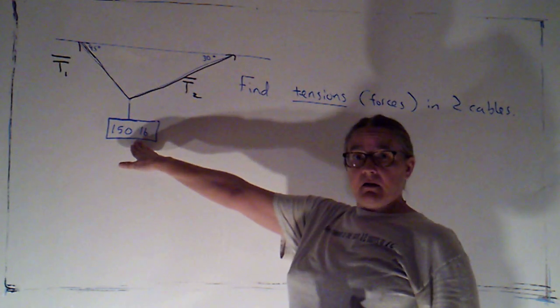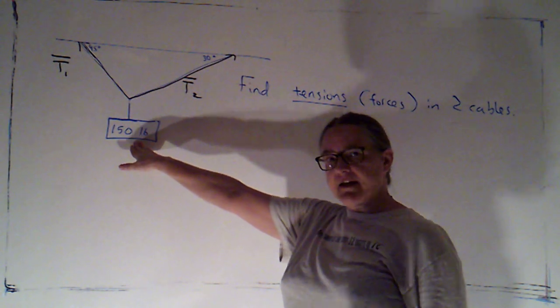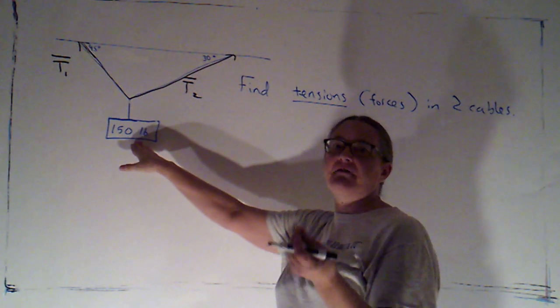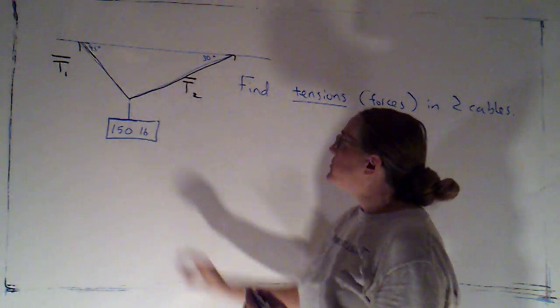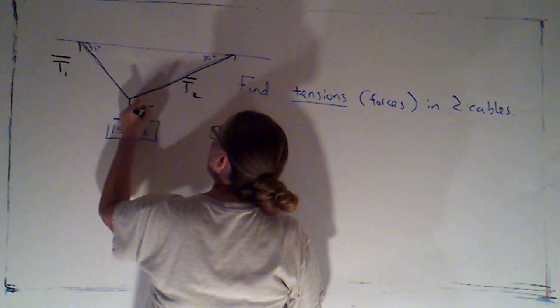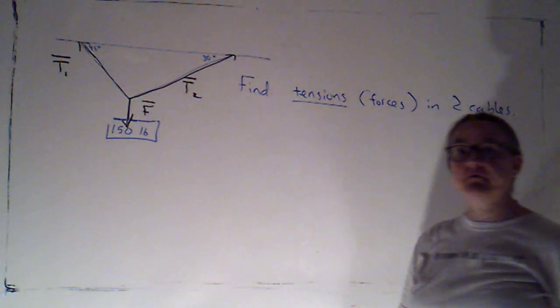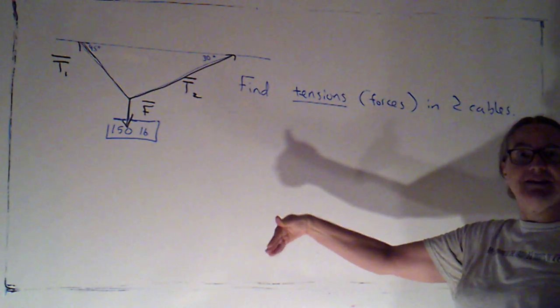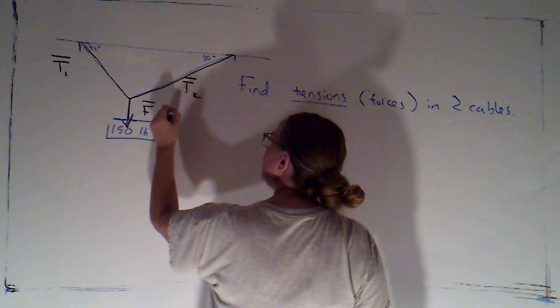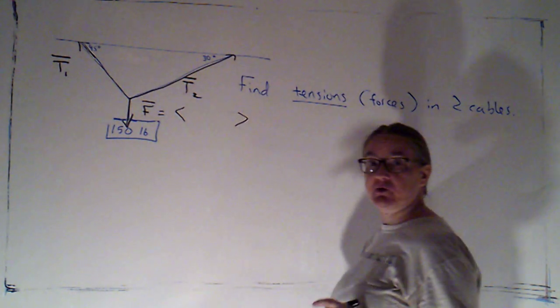And then here, the weight of an object is a force. Weight is the force of gravity acting on an object. So I'm going to draw in, and call that F, the force of gravity. Now that's acting down. Gravity always acts down. I can actually calculate exactly what this vector is then.